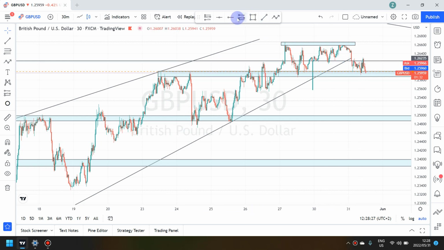So to be safe and protect ourselves from market manipulations, should the market break out and give us a retest, once the market retests there, we won't know whether the market might give us a fake out or continue with the breakout and retest.